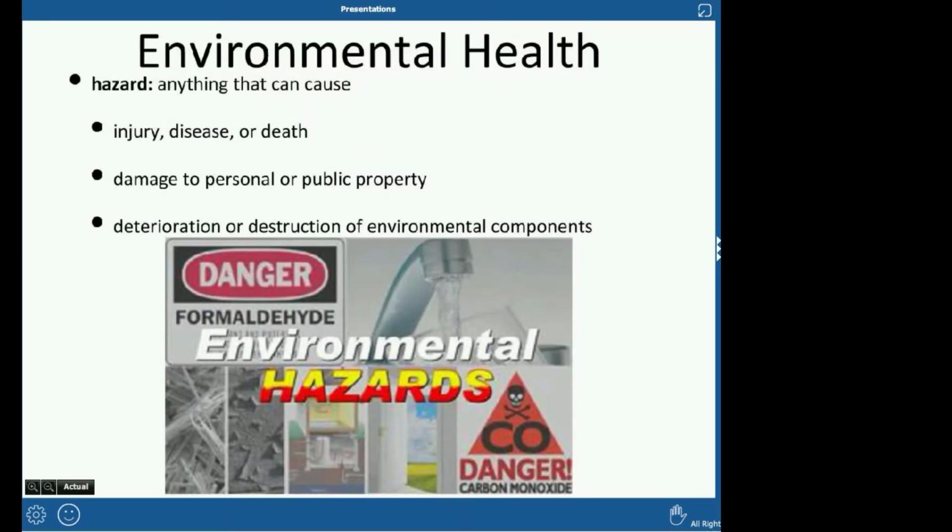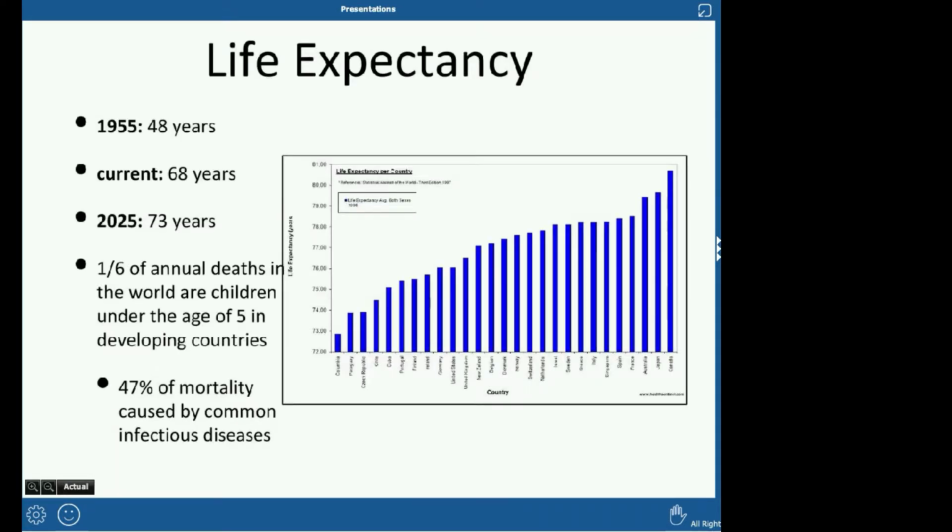So then we can talk about environmental hazards. Anything that can cause injury, disease, or death is known as a hazard. It can cause damage to personal or public property, and it can cause deterioration or destruction of environmental components. This is our working definition of a hazard.